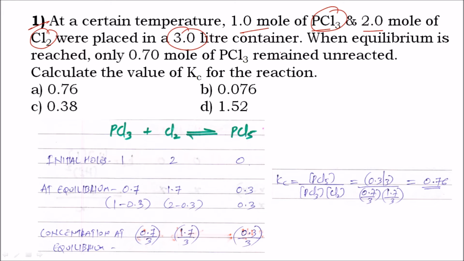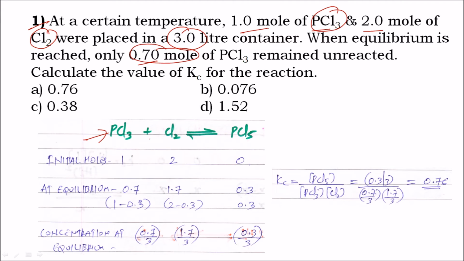So volume is given as 3 liter. When equilibrium is reached, only 0.7 mole of PCl3 remained unreacted. So unreacted PCl3 is 0.7. Calculate the value of Kc for the reaction. At first, in calculating the equilibrium constant, the first step is what? We need to write the equation.